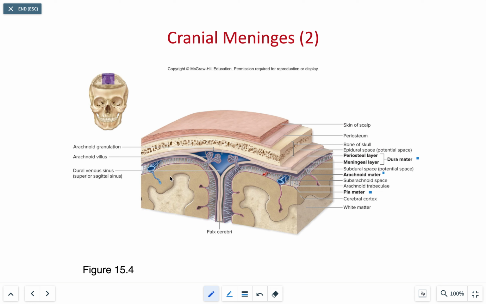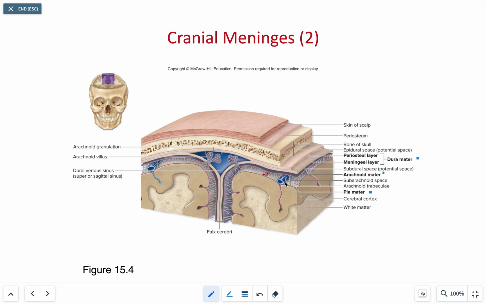Their job is to separate the soft tissue of the brain, the gray matter, from the cranium. It also encloses and protects blood vessels. So we can see here in the subarachnoid space that we have a series of arteries and veins closely running next to the pia mater.